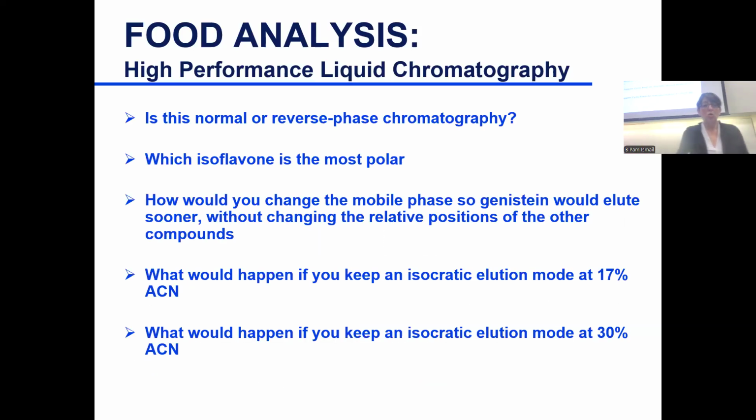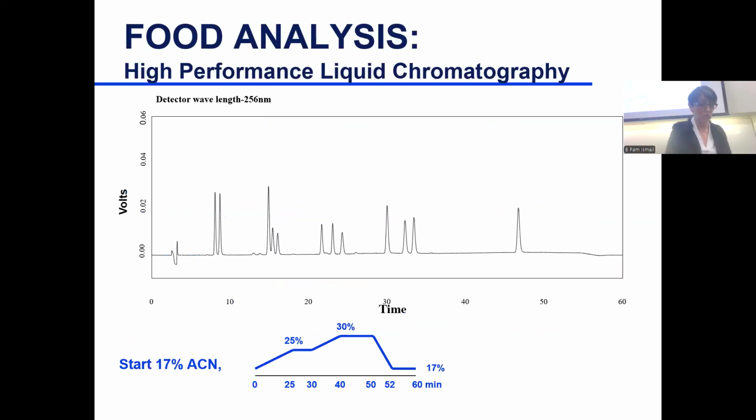Okay, so how would you change the mobile phase so genistein would elute sooner without changing the relative positions of the other compounds? So genistein is the last one.